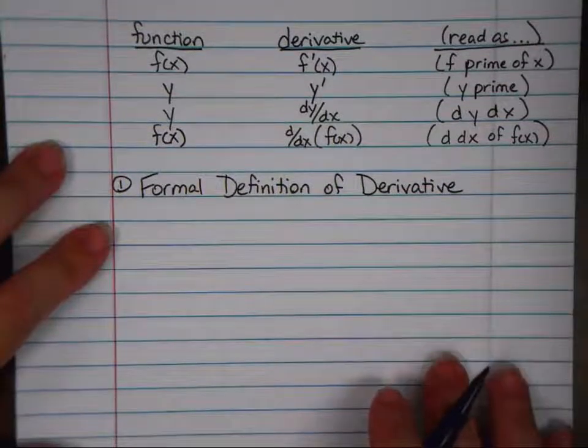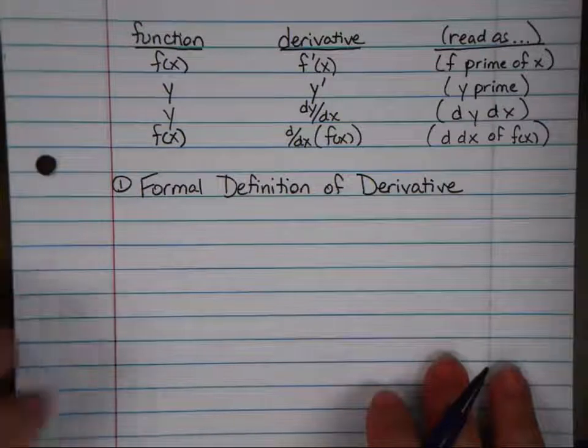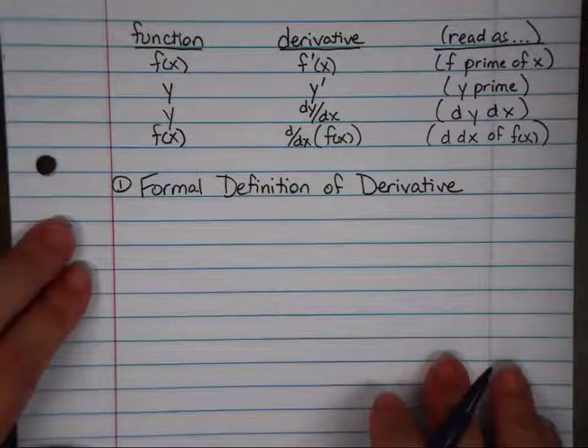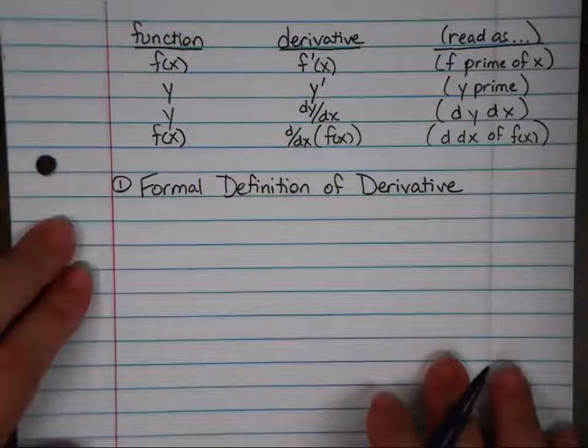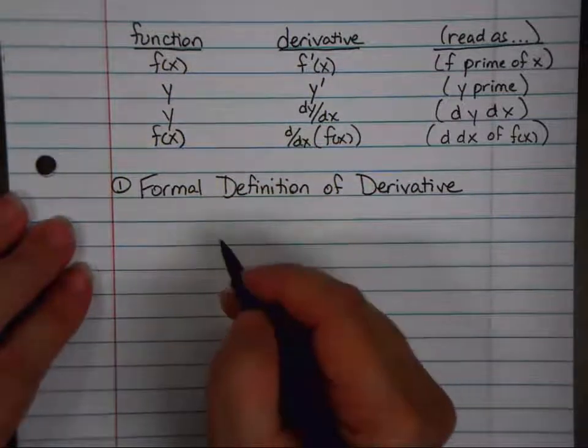Okay. This formal definition is a takeoff on the IROC formula that we came up with the other day. Okay, when we did the AROC and IROC notes, this is the IROC formula, except that instead of having x's and delta x's, which can get very confusing when you start working out the problem, this one has x's and h's in it. So the delta x is changing to an h.